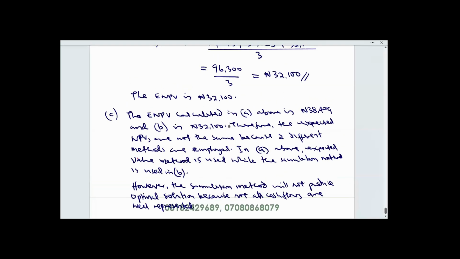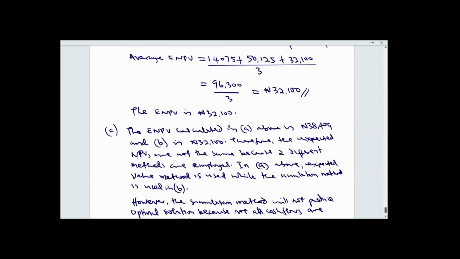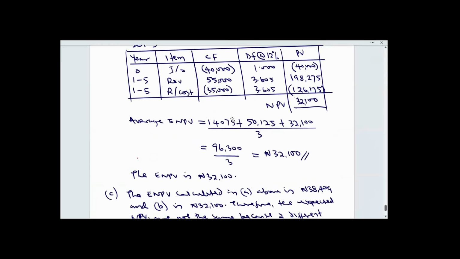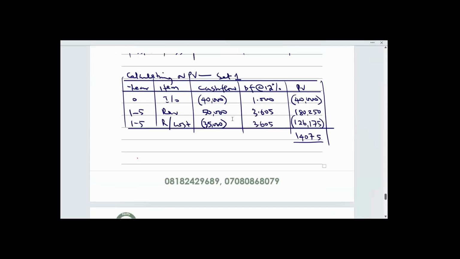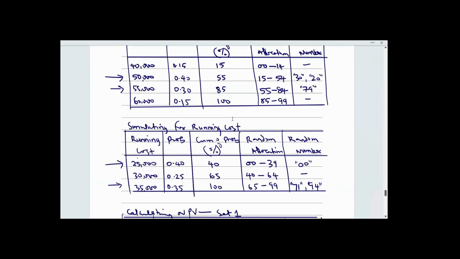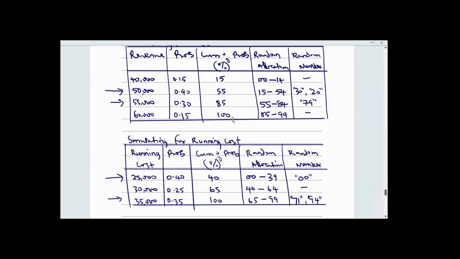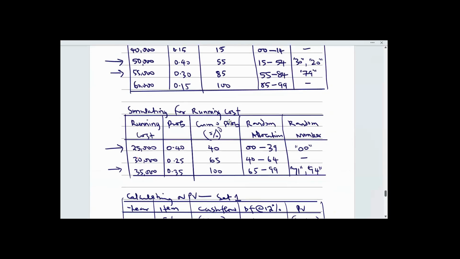You will notice that when we are calculating the expected NPV, we are selecting our cash flows on the basis of the set number given to you. So we are ignoring some cash flows because we don't have tag number for them. For example, running costs in the second row is 30,000.